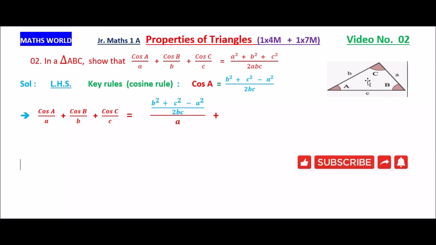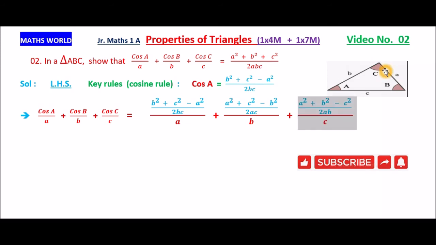A square plus C square minus B square divided by 2AC, divided by B, then plus, what is the value of cos C? A square plus B square minus C square divided by 2AB, whole divided by C.